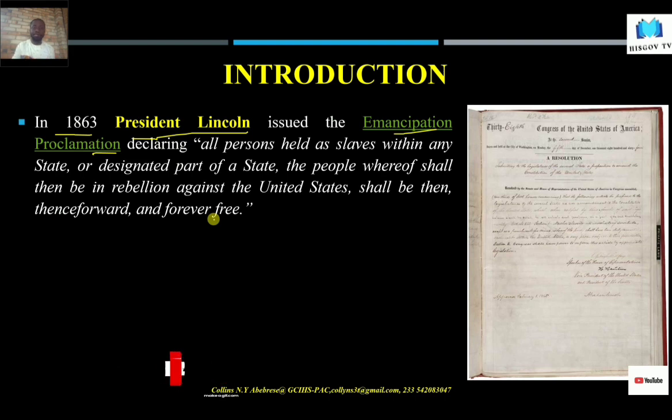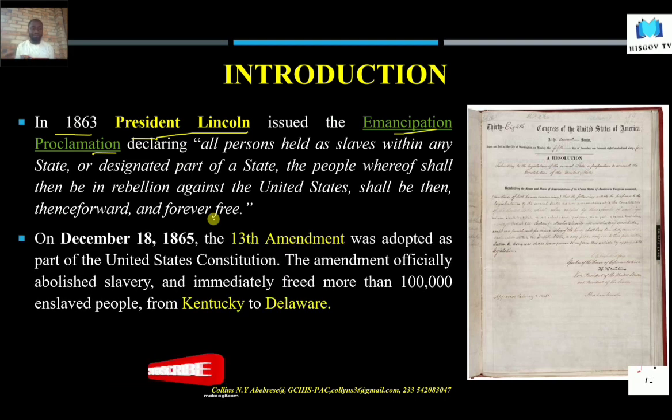Therefore, there was an amendment which made it possible for the Emancipation Proclamation to actually affect all the states in the U.S. Two years later, in 1865, the 13th Amendment was adopted as part of the United States Constitution.